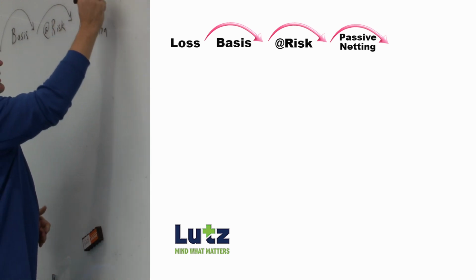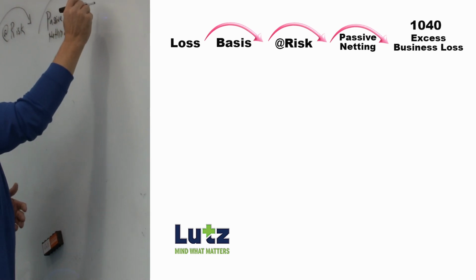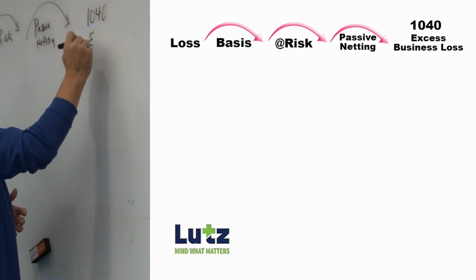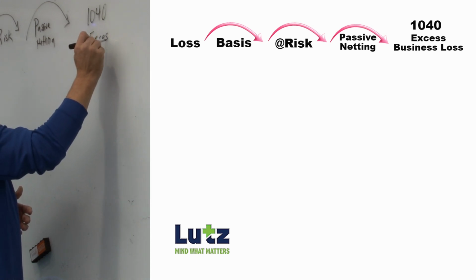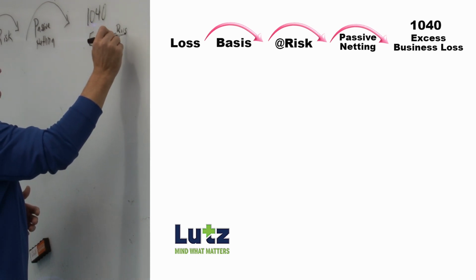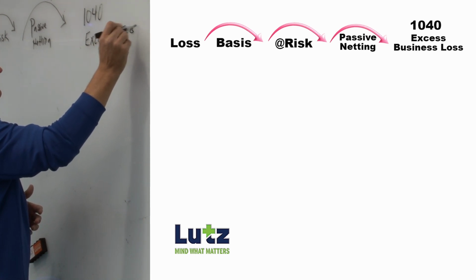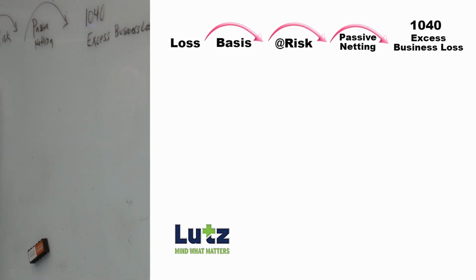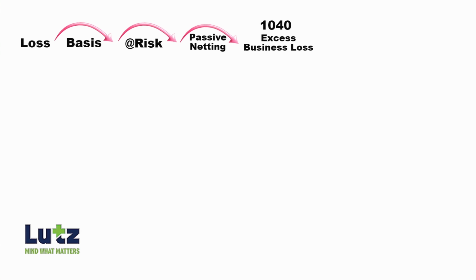And if it jumps over that, it gets to your 1040. And now you have to do the analysis of excess business loss. Okay? So you have hurdle one, hurdle two, hurdle three, and then analysis is what happens.